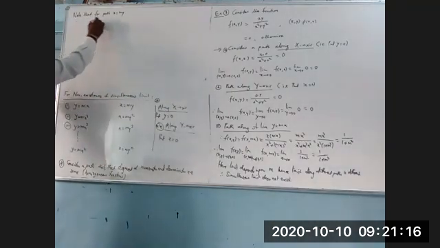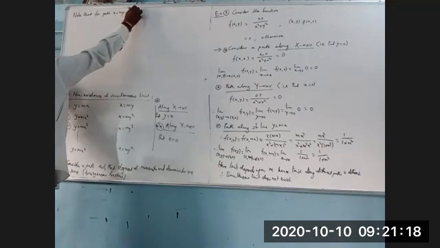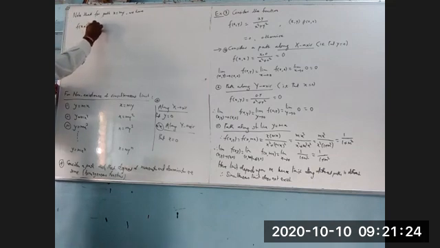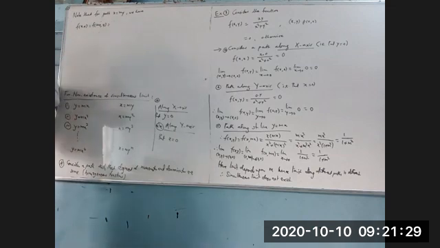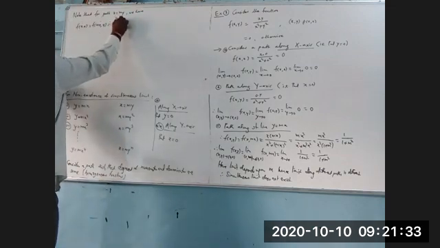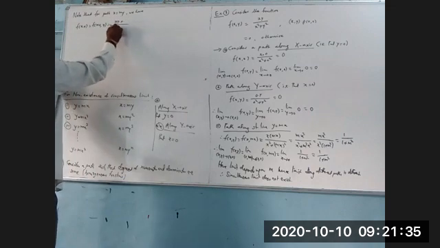Therefore, we have f of (x, y) is nothing but f of (my, y), therefore it will be nothing but my into y upon m square y square plus y square.